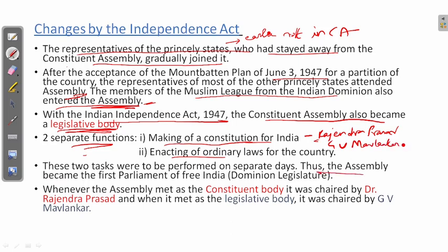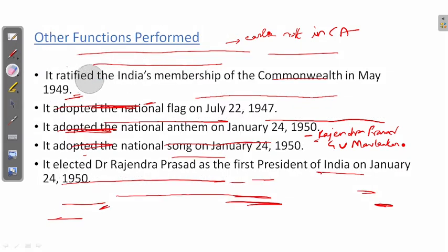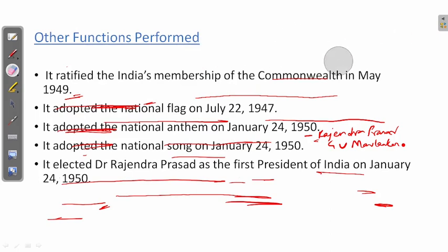Thus the assembly became the first parliament of free India. As I said earlier, as a constituent body it was chaired by Rajendra Prasad, and as a legislative body by G.V. Mavlankar.